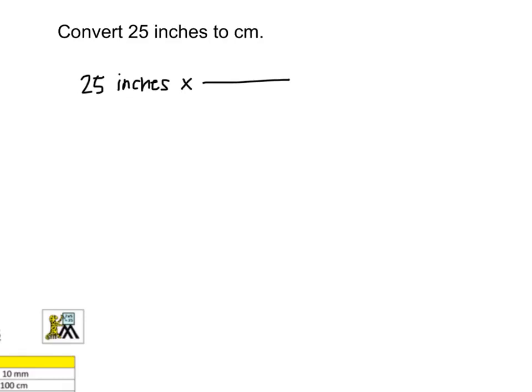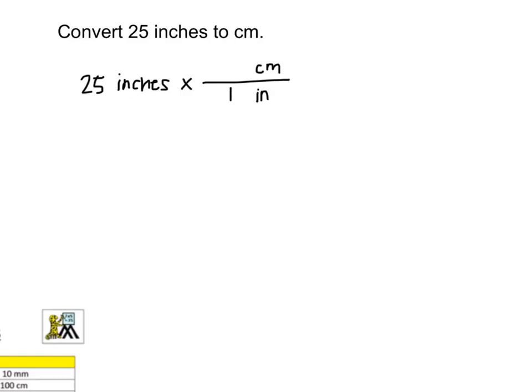And my goal here is actually to get rid of the inches unit and to have my answer be only in centimeters. The way that I'm going to do that is I'm going to use some of the rules of fractions that I know. I'm going to put inches in the denominator of the fraction, and I'm going to put centimeters in the numerator of the fraction. And I'm going to fill in that ratio.